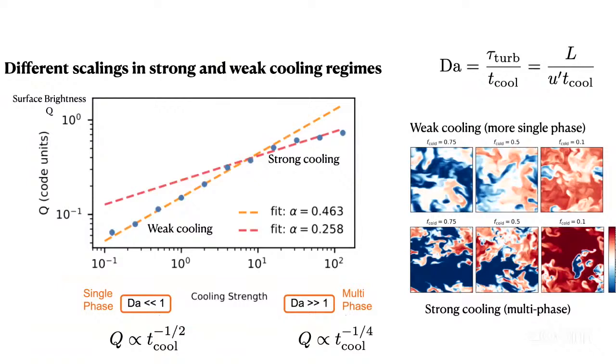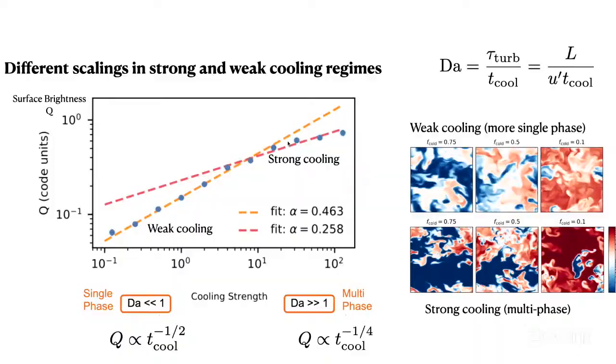And when turbulence dominates, meaning that the turbulent time scale is short compared to the cooling time, it looks more single phase. And if the cooling is strong compared to mixing, then you get something that looks more multi-phase. And you can derive analytically scalings of surface brightness in these different regimes. And the simulations agree well with the analytic scalings. So that's nice.